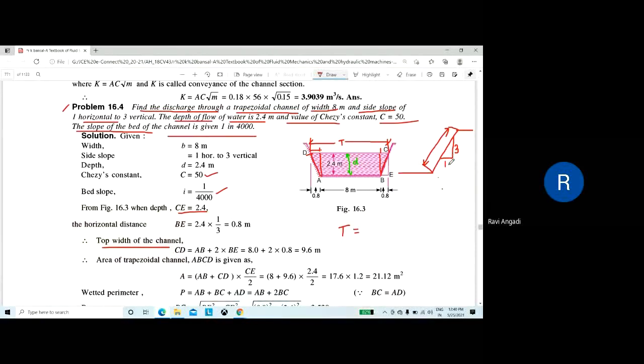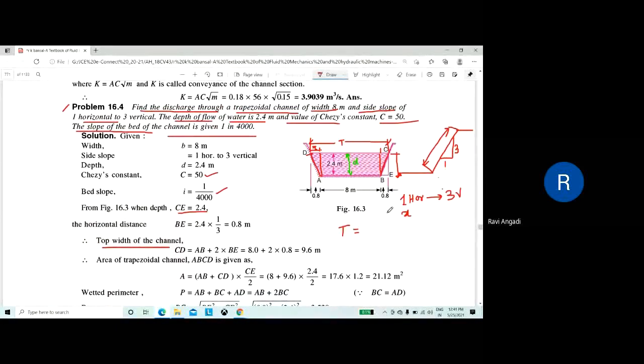To calculate that, the side slope is given here. What is the side slope given? For one horizontal, 3 is the vertical. You all can note it down here. If I take this as the depth 2.4, then for x horizontal, let us call this x.